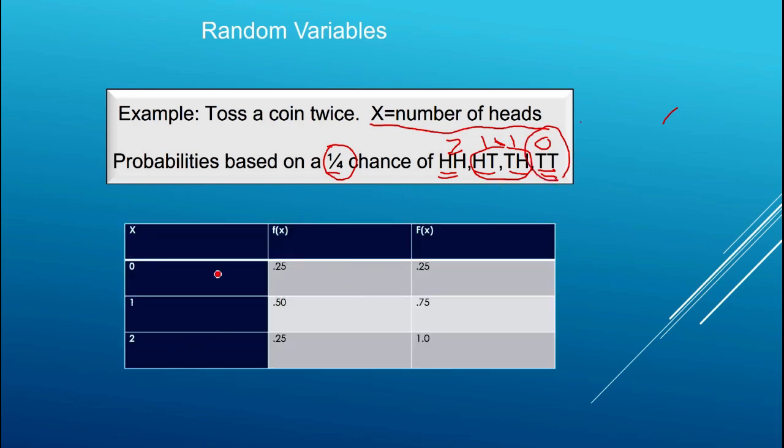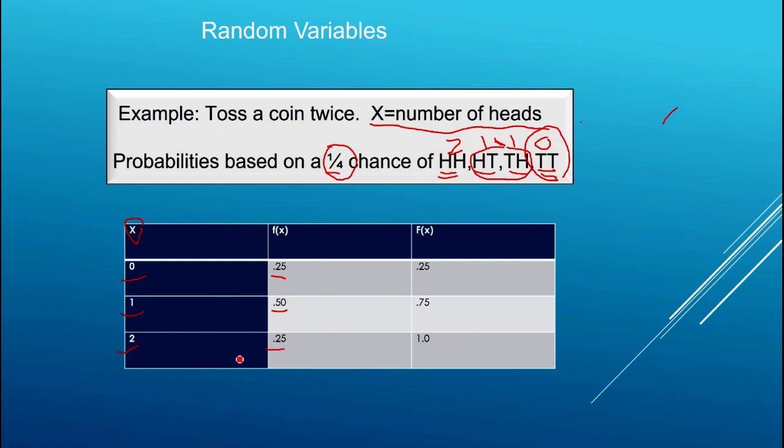So here we've expressed the frequency table for x. X can take on a value of 0 in the case of tails, tails, and take on a value of 1 in the case of heads, tails, or tails, heads. And it can take on the value of 2 in that outcome where we roll heads twice. So the probabilities must be equal to 0.25, 0.5, and then 0.25 again.